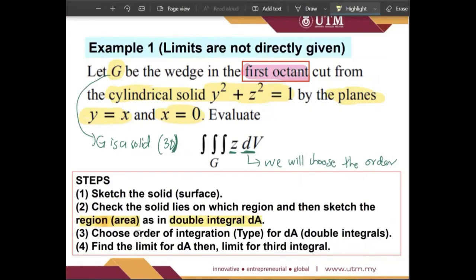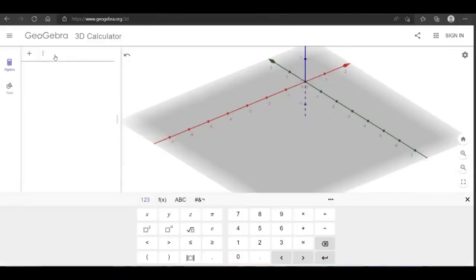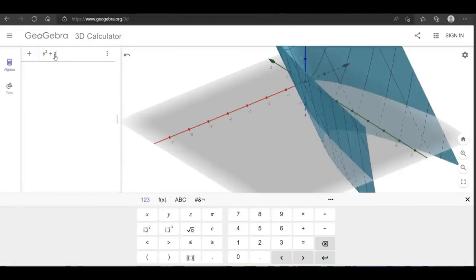Then choose your order of integration, and dA is from the double integral. Then find the limits for dA and the limits for the third integral, and solve as usual. So, can you try to sketch the solid? Okay, class, let's sketch it using GeoGebra.